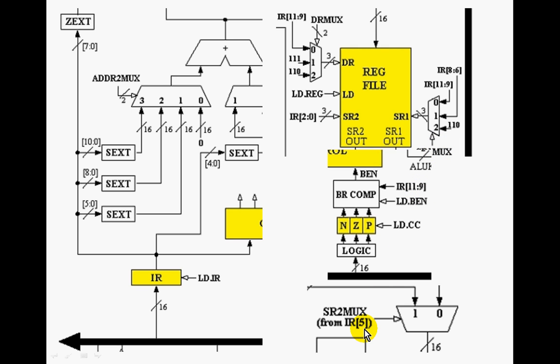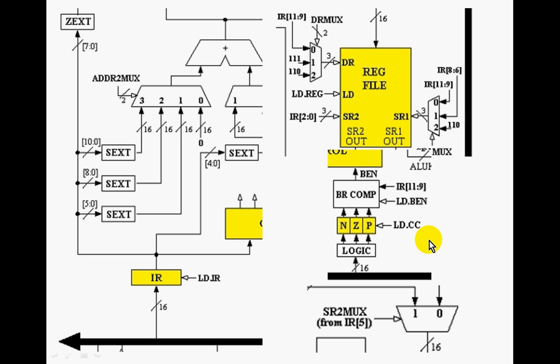While we're here, we can also see the condition code registers that store the values of N, Z, and P. During all operations, the value on the bus will be parsed through logic to determine if the value is negative, 0, or positive, N, Z, or P. When the load.cc signal is 1, these values will be written to the registers.